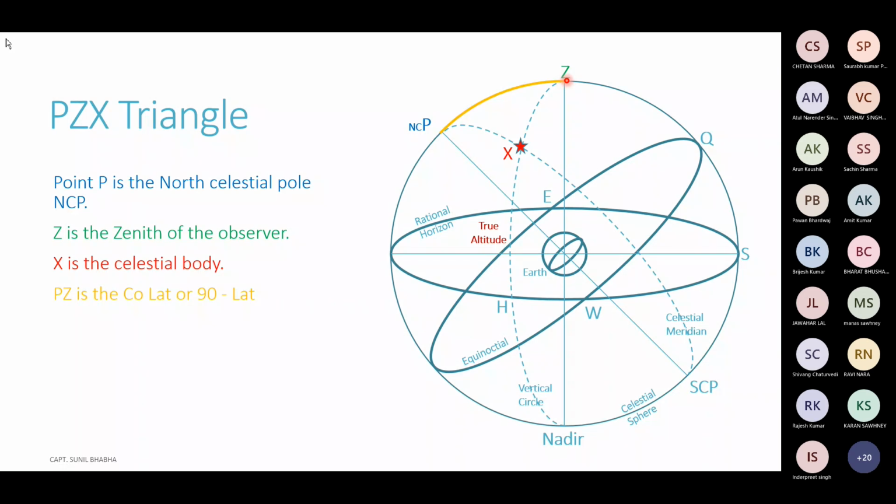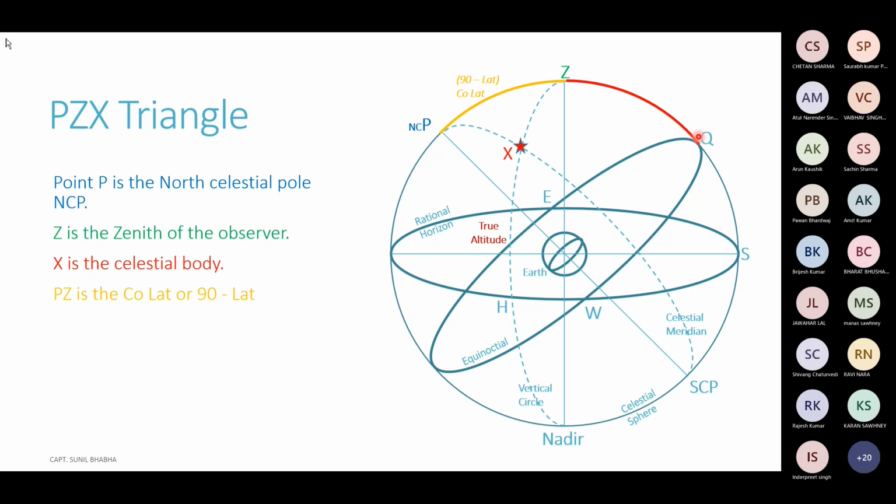So let us highlight this side in yellow. You see the highlighted side PZ of the PZX triangle, and this is equal to 90 minus latitude, also known as colat. So the PZ side of the triangle is equal to 90 minus latitude, equal to the colat of the observer. Let's also mark out the latitude of the observer.